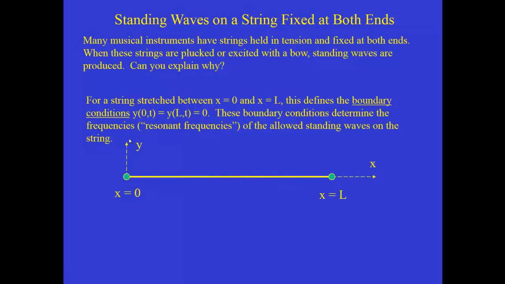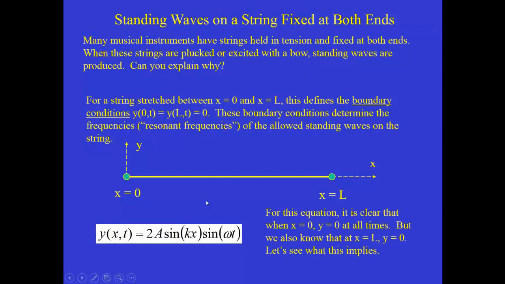So here's a picture showing the x and y directions, and imagining that we have a string that's fixed at x equals 0 and x equals L. So here's our standing wave function, and you can see that when x is equal to 0, this function will always be 0 no matter what the value of the time is, because the sine of 0 is equal to 0. However, we also know that that has to be true at x equals L as well.